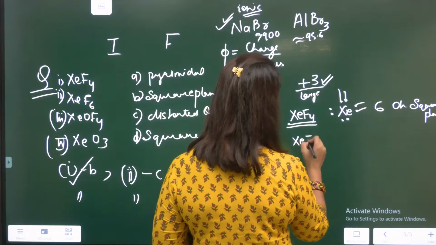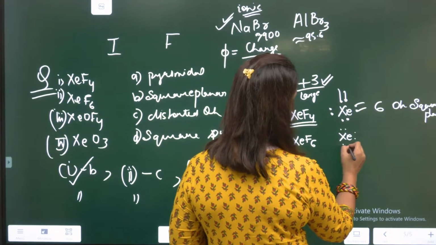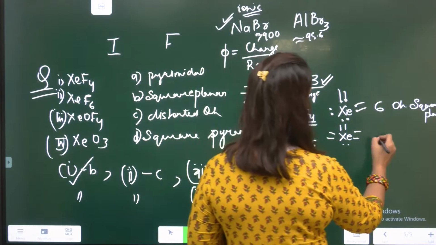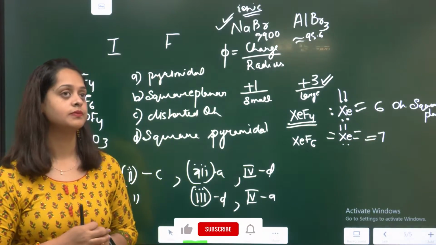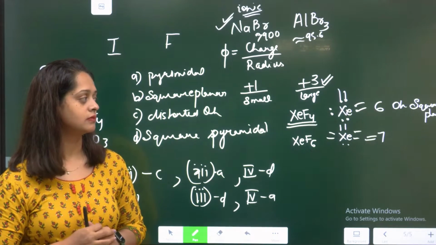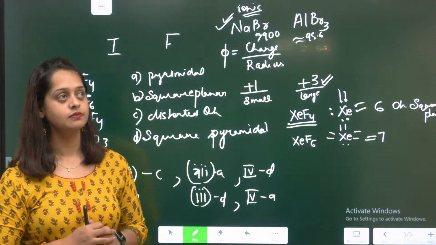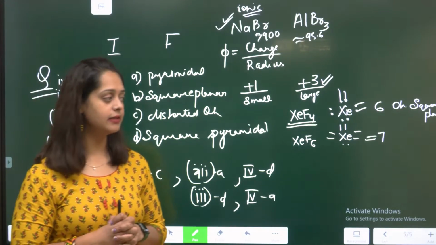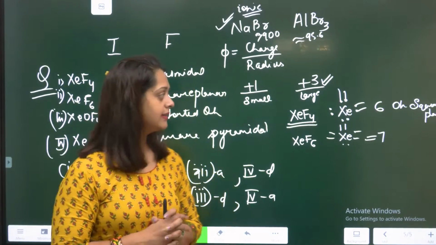So XeF6. Similarly, I have 8 electrons. 6 are involved in the bonding, 1 set of lone pair. That means it comes out to be 7. 7 is what geometry? sp3d3. What is the molecule geometry? Octahedral. 6 is octahedral.